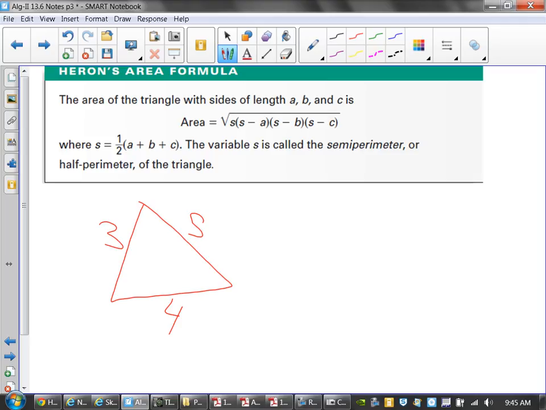So 3 plus 4 plus 5 over 2. What's 3 plus 4 plus 5? A number. All right. That is the value of s, the semi-perimeter or the half perimeter of the triangle. It's halfway around it.